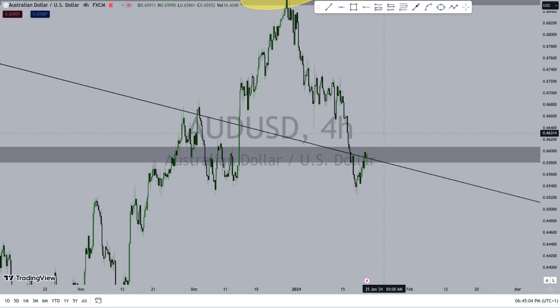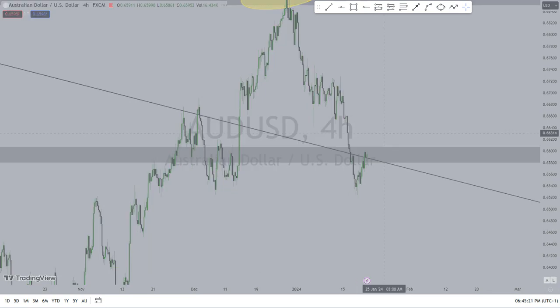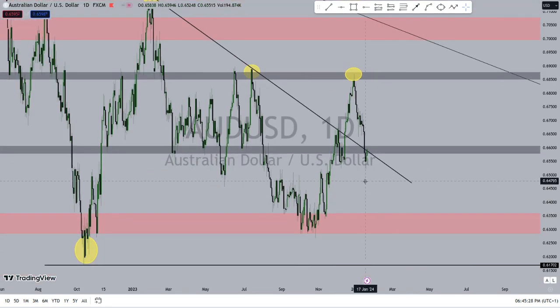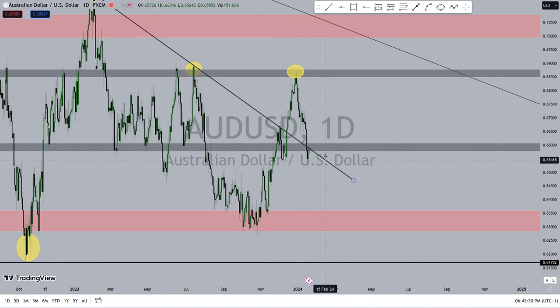So guys, AUD USD has broken our perspective towards the bullish side. We projected AUD USD to be bullish around that level, but now you can see it is trading just at this level.